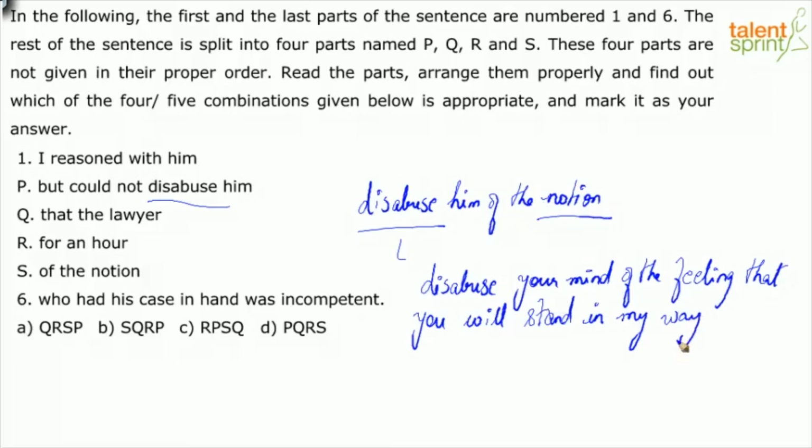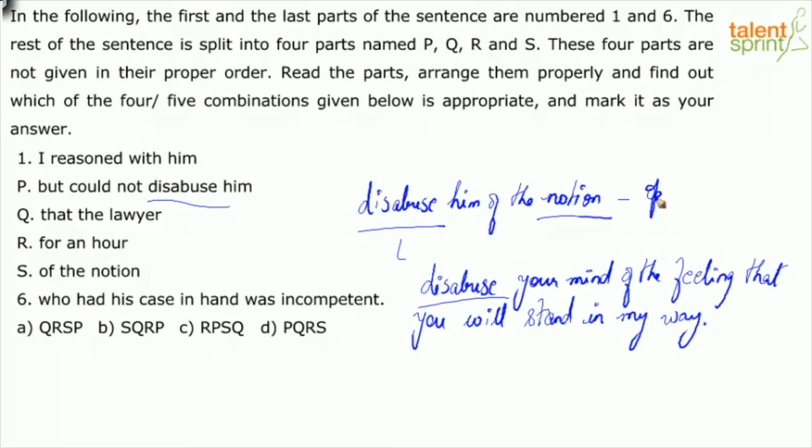So basically in this context, what you're saying is, hey, if you are under the impression that just because you're in my way, you're standing as an obstacle, you're not going to let me move forward, you can just get rid of that. Nothing of that sort is going to happen, right? So disabuse your mind of the feeling that you will stand in my way. Here we're talking about persuading someone that this particular idea is not going to work. You're mistaken. This will not be productive. And what is the meaning of notion?